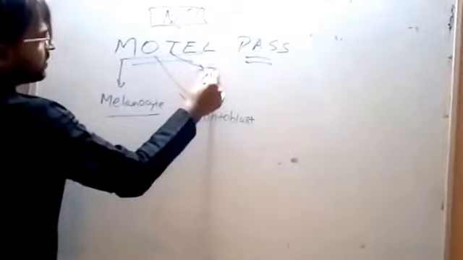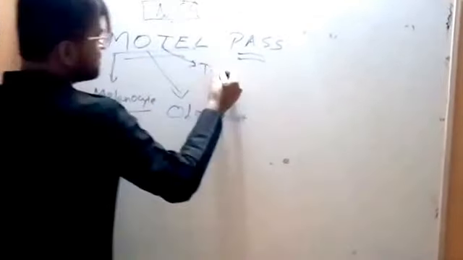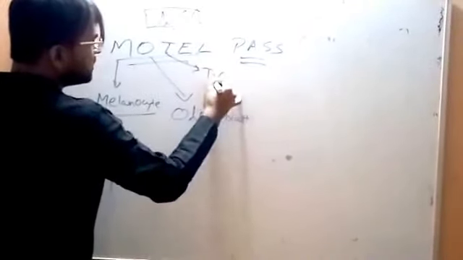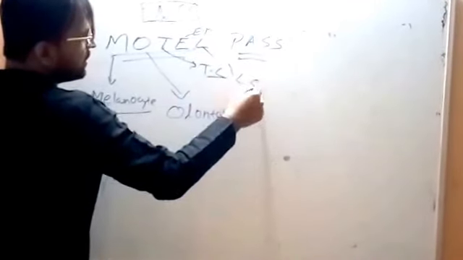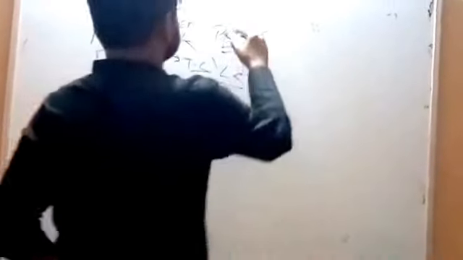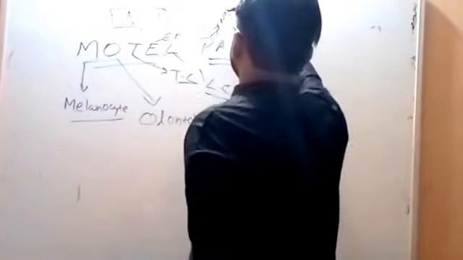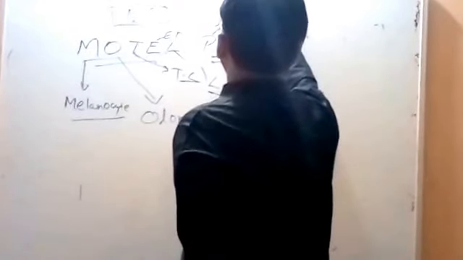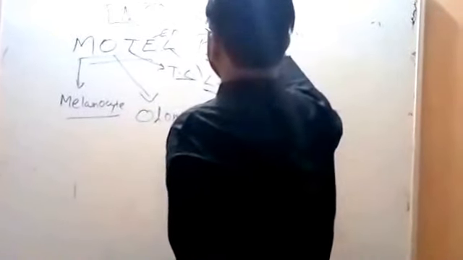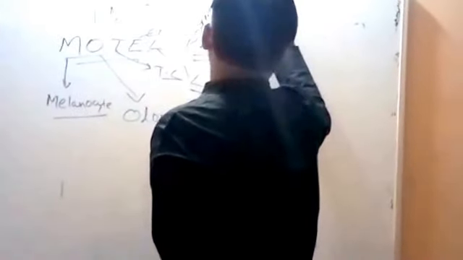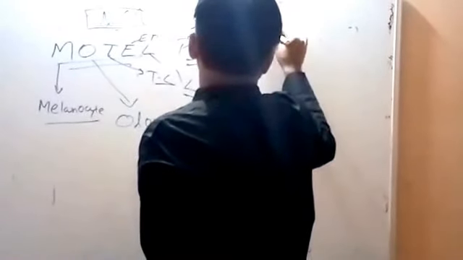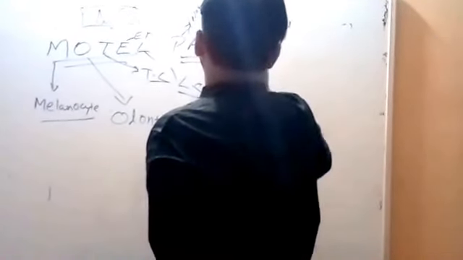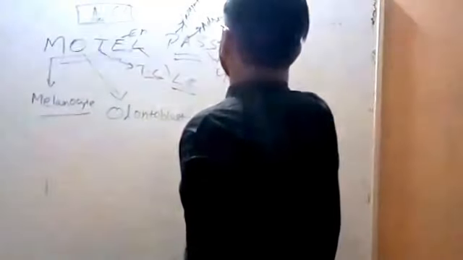Now this is easy because I have told you its skeletal structures are derived from NCC. These are your thyroid cartilage, glottis, laryngeal cartilage. This is paraganglia. This is your adrenal medulla. This is your Schwann cells. This is your spinal ganglia.